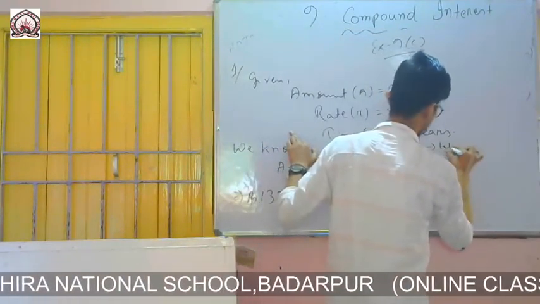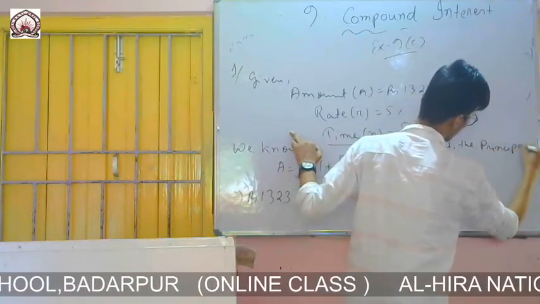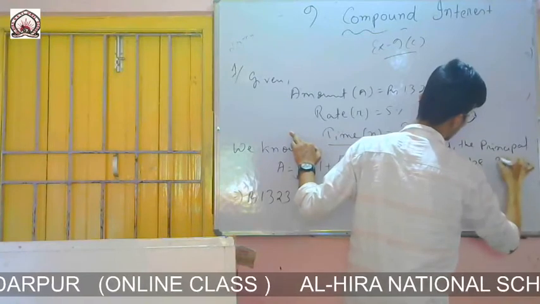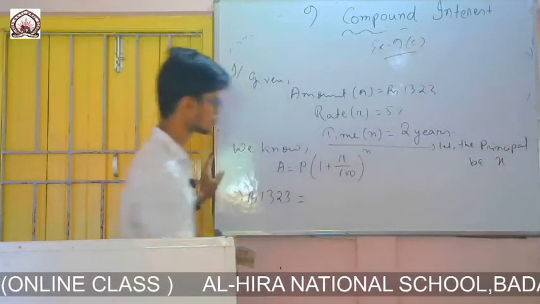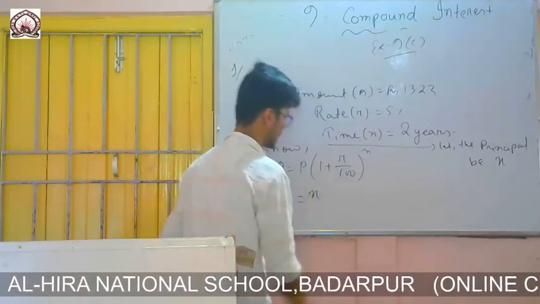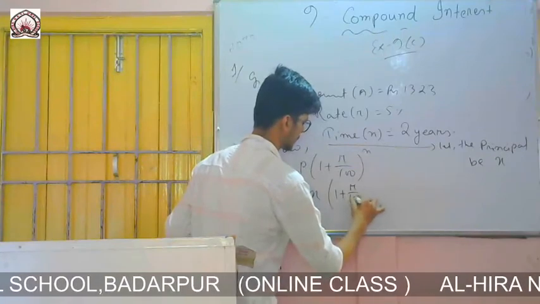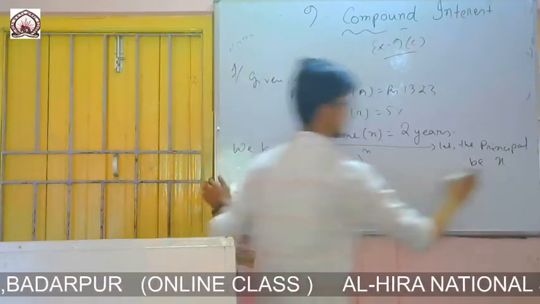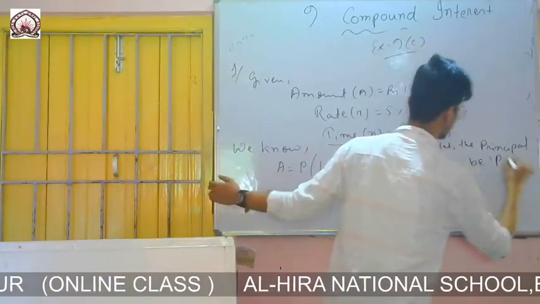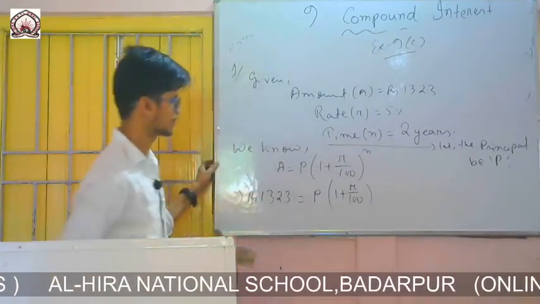After writing this one, there you write: let the principal be X. You can write. So principal is X, 1 plus R by 100. You write it as P, it will be easy, then there will be no confusion.